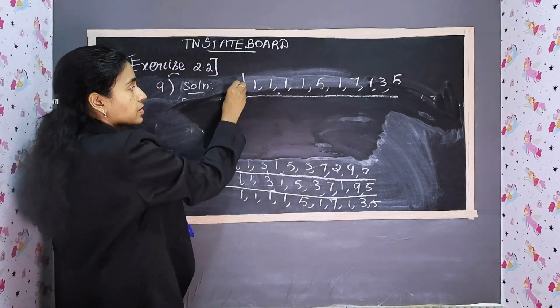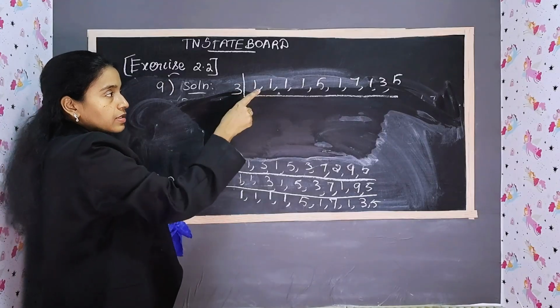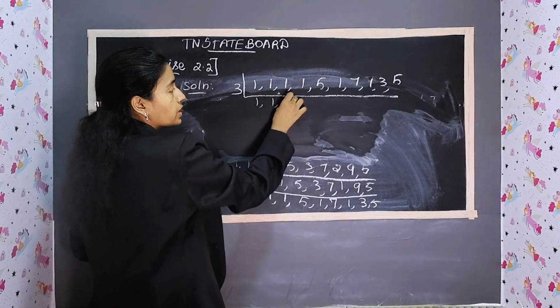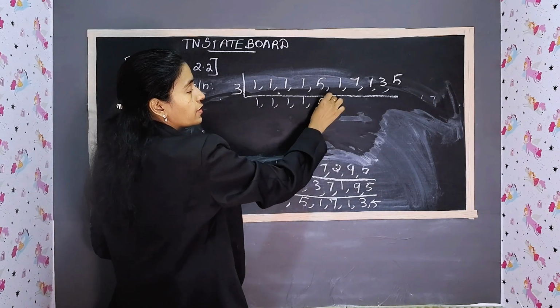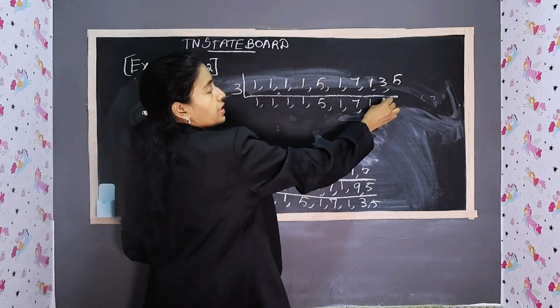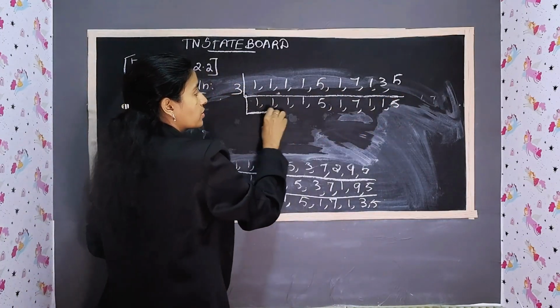I can take 3. Because I'm having 3 over here, I can divide 3 by 3 completely. So I'm taking 3. 1, 1, 1, 1, 1, 5, 1, 7, 1, 1, right? 3 by 3, 1. So 1.